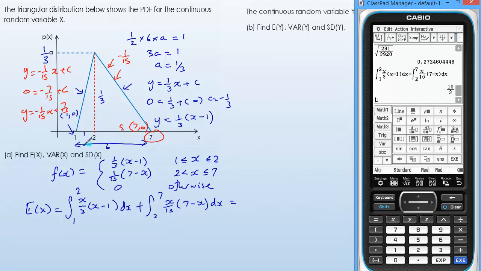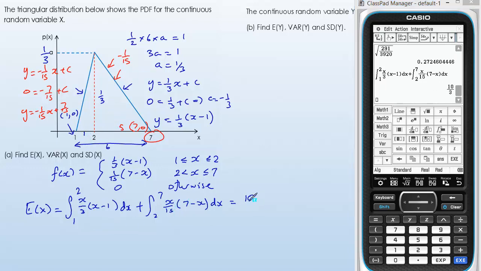Gives us 10 over 3, or 3 1/3, it's somewhere in the middle. So that one's 10 over 3.